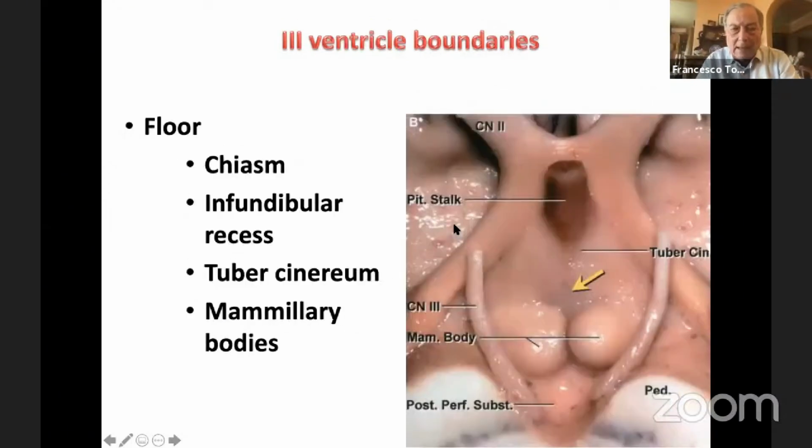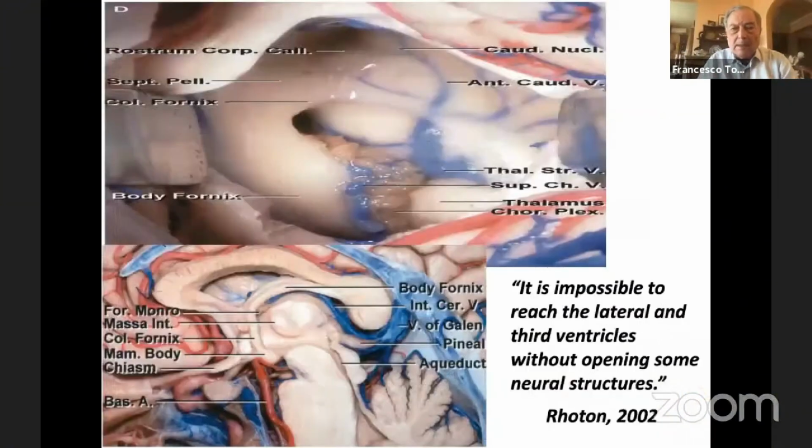And finally, looking at the floor, we see the chiasm, infundibular recess, the tuber cinereum, and the mammillary bodies. So this is a small cavity with very, very important anatomical structures around.